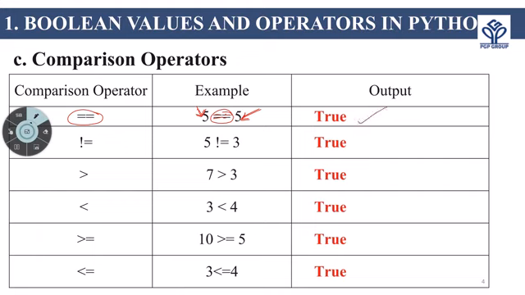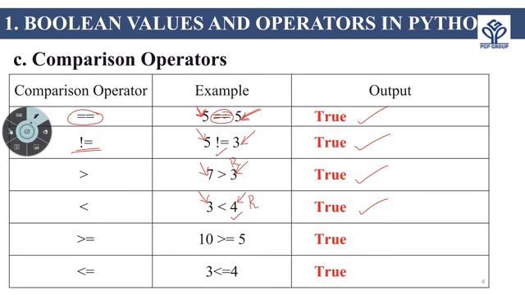Next operator is not equal to, which means the left side is not equal to the right side. This condition is true, so return true. Greater than: the left side is greater than the right side, so return true. Less than: the left side is less than the right side, the condition is true, so return true.